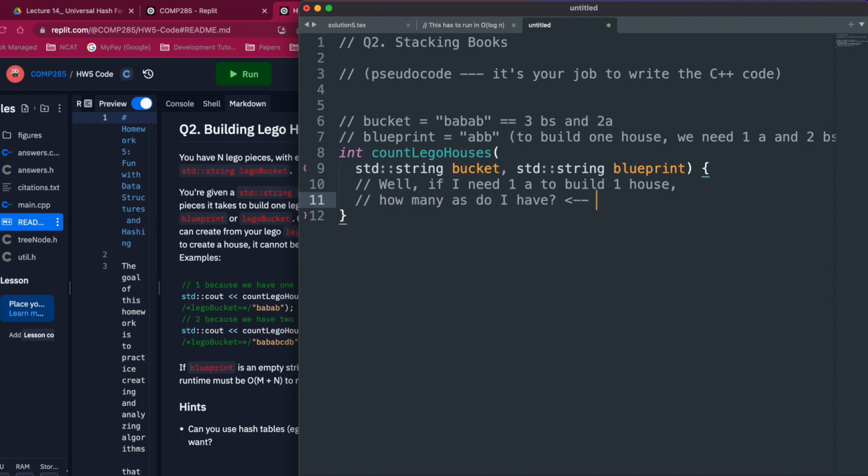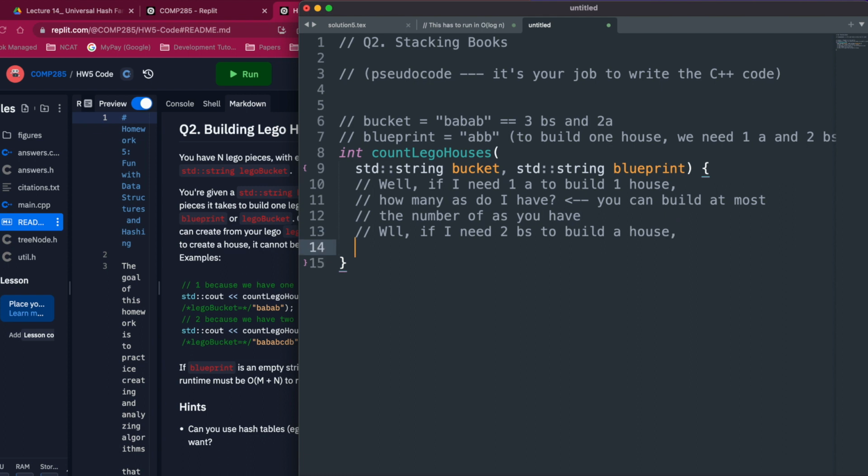Because that tells you that you can build, at most, the number of A's you have, right? You could also say, well, if I need 2 B's to build a house, then I can build at most all the B's I have divided by 2, because I'm going to take 2 to build the house, right?